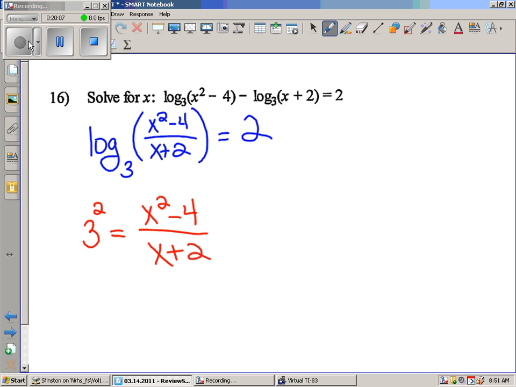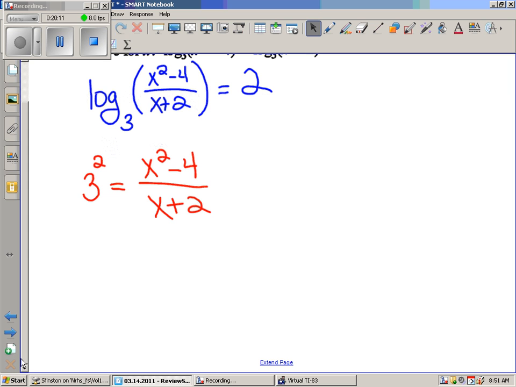So, 9 over 1 is going to be equal to x squared minus 4 over x plus 2. Everybody's favorite thing, when you don't know what to do, what do you do? Of course.